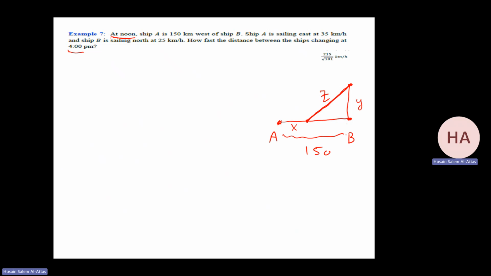Since this is 150, this will be 150 minus X. So what will be the Pythagorean theorem? I have Z squared equals Y squared plus (150 minus X) all squared.